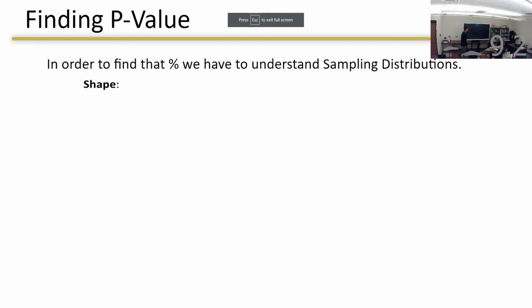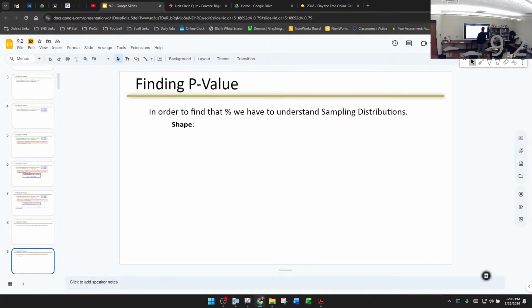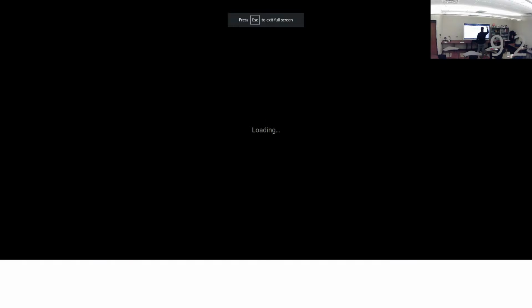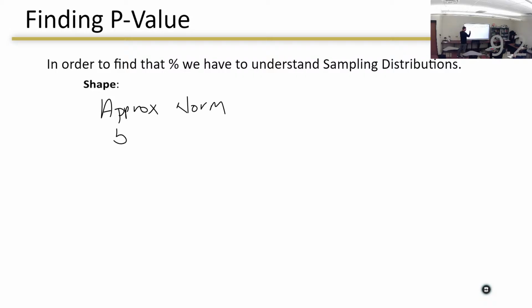It will be approximately normal, but the only way to prove that is by showing the large counts condition. And you guys should know the large counts condition for proportions: n times p.